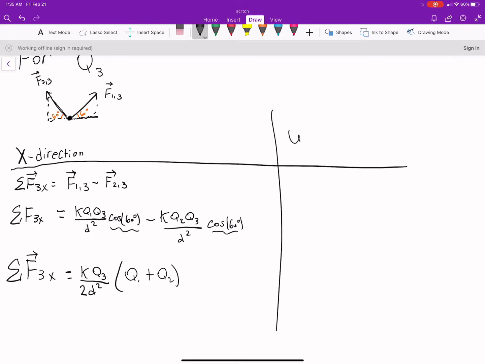And before we get to the y direction, oops, this should be a negative. There we go.